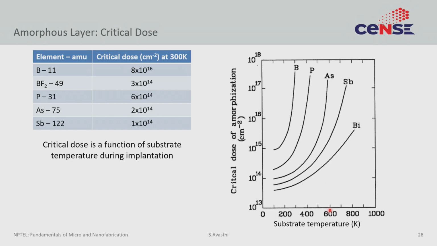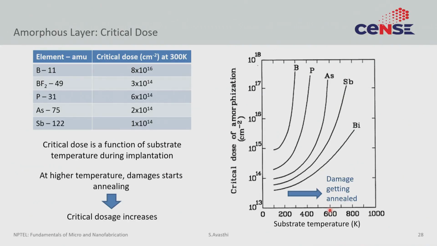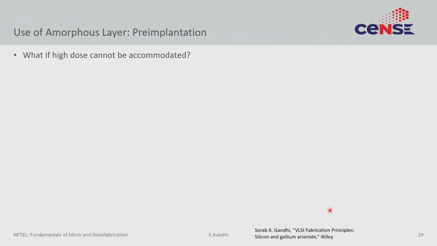But if you were to do implantations at low temperature, this self anneal does not happen, so the dosage of amorphization actually falls. So, if you want to create amorphous films at lower dose, you just do cryogenic ion implantations, which are a little expensive but possible to do. The second thing that sometimes people do, if you cannot do a high dose implant, is pre-amorphization.